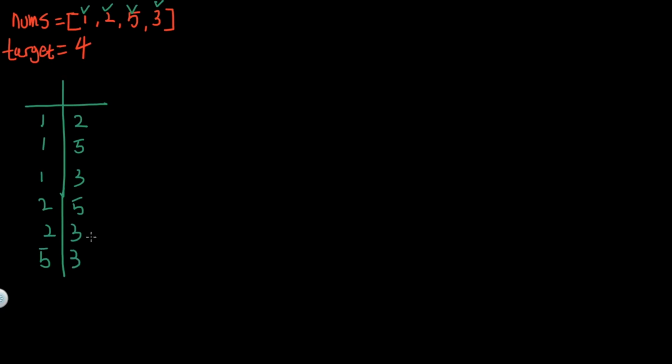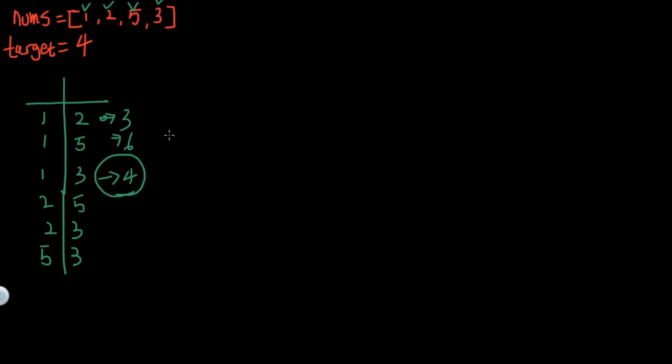We're going to try all of these combinations and calculate one by one. And this is 3, 6, and then 4. At this point, you can return the two indices of 1 and 3. So this is the naive solution.